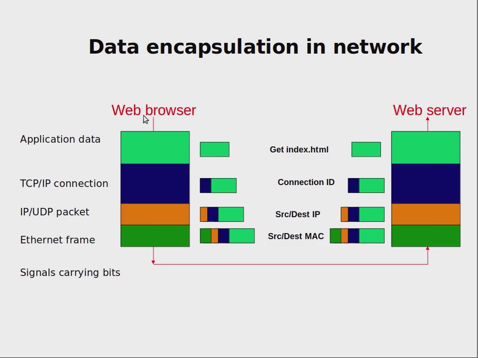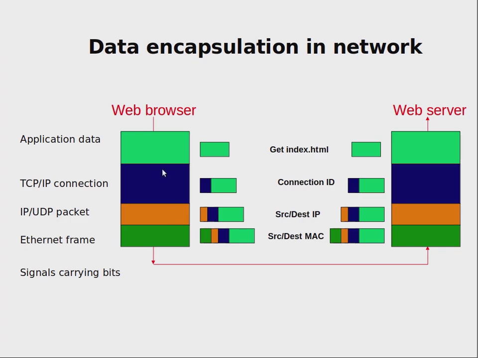But if these data relate to Internet Protocol, then you also need to say what IP address this device has and what IP address that device has. And then also the port number on this device and that device.